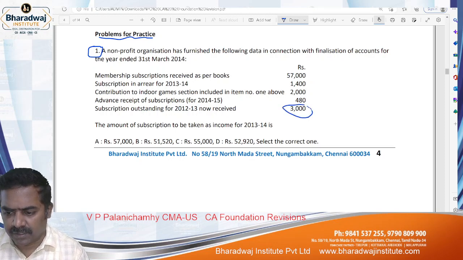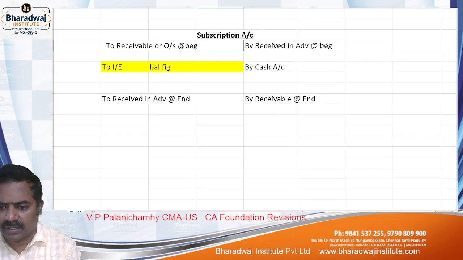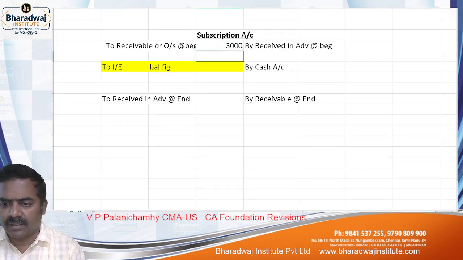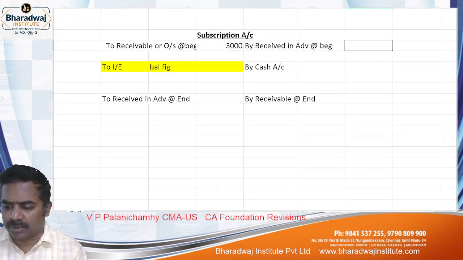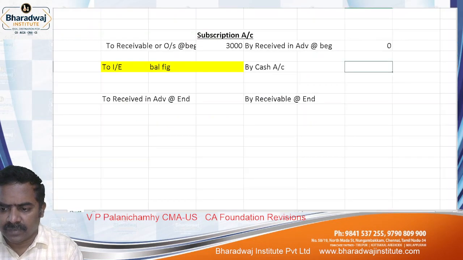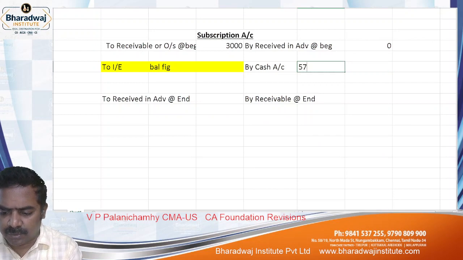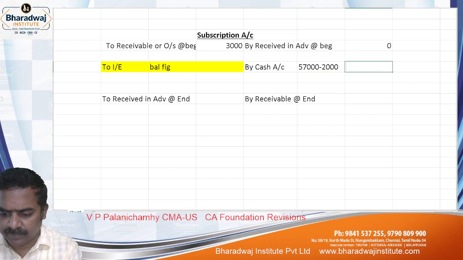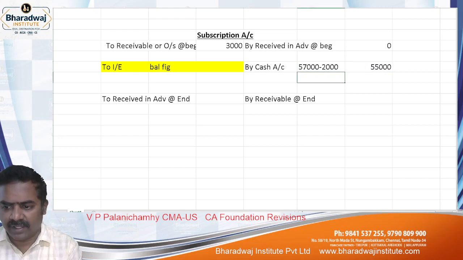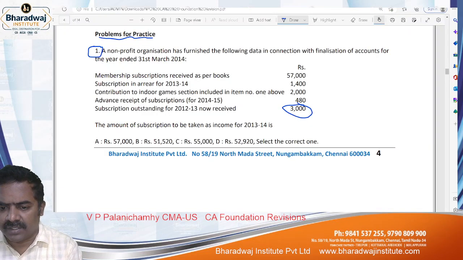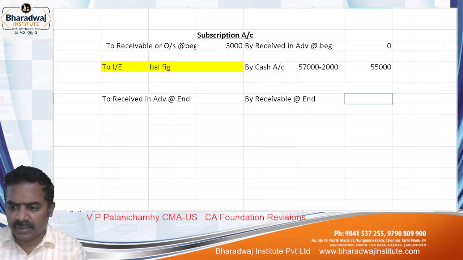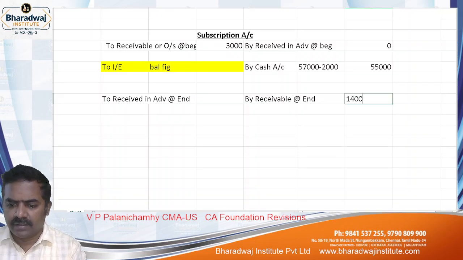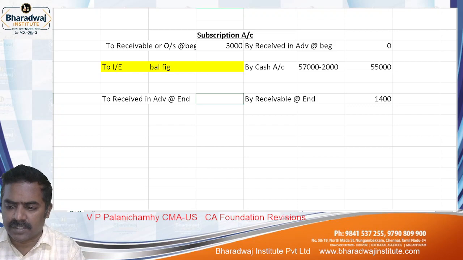3,000. Last year's arrear received now, 3,000. Then what is the cash collection given? But the 57,000 includes contribution for indoor games, so eliminating that, it will be 55,000. Then receivable at the end of the year, subscription: 1,400. Receipt in advance at the end of the year: 480.